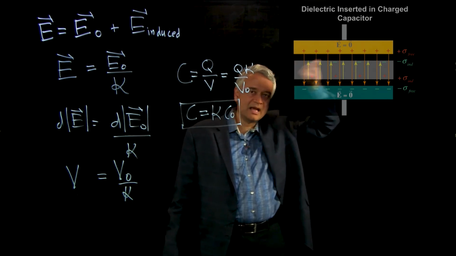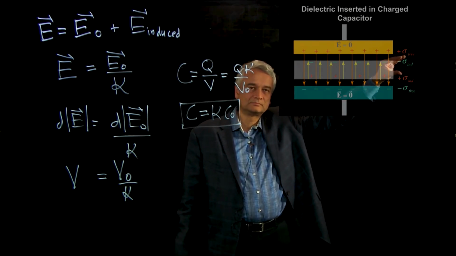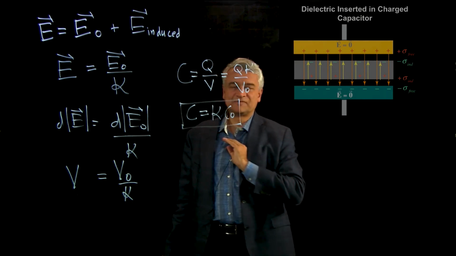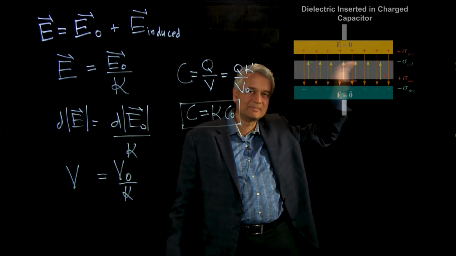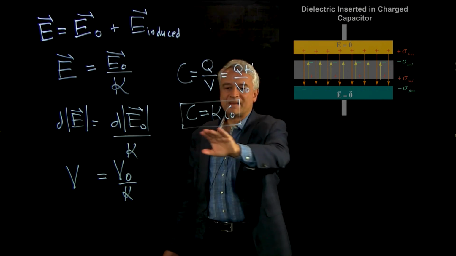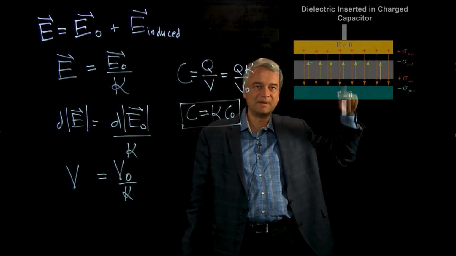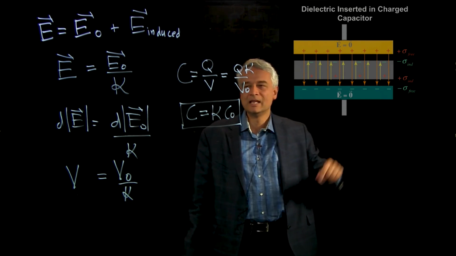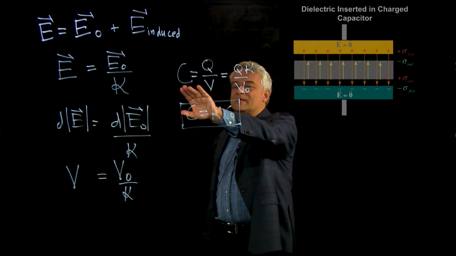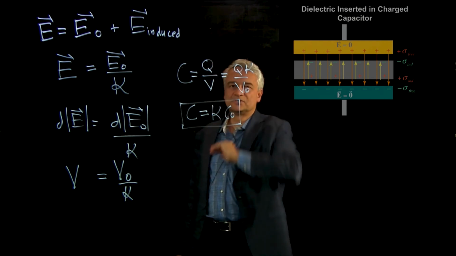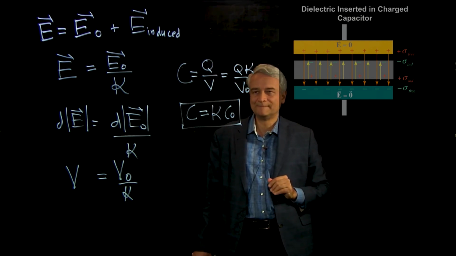And now I slide my dielectric in. Because the capacitance is larger by a factor of kappa, that means that when I slide my dielectric in, the capacitance goes up by a factor of kappa. That means that the charge on the plates is going to go up by a factor of kappa. Which is to say that since I've increased the capacitance, if I hold the voltage fixed, that means I have to increase the charge on the plates by a factor of kappa.